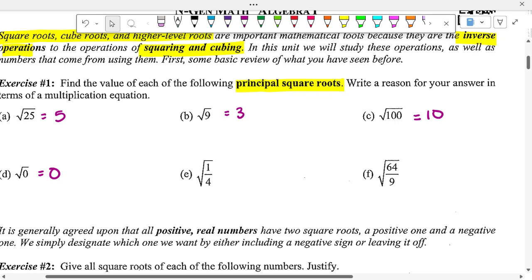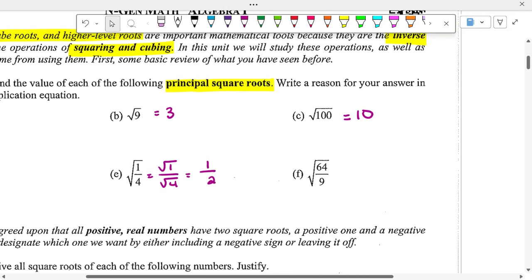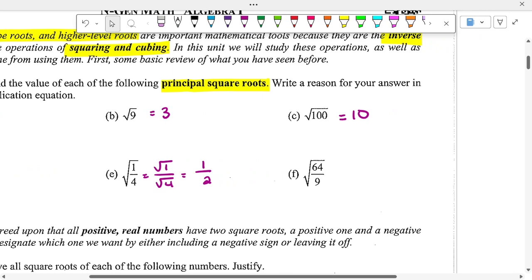These last two, they are fractions, but they're actually pretty easy. Do you see how there's a perfect square on the top and the bottom of 1/4? So we could rewrite this as the square root of 1 over the square root of 4. What's the square root of 1? 1. What's the square root of 4? 2. So the square root of 1/4 is 1/2. If we use that logic, what would be the square root of 64 over 9? 8 over 3.